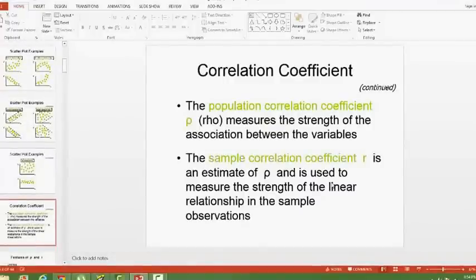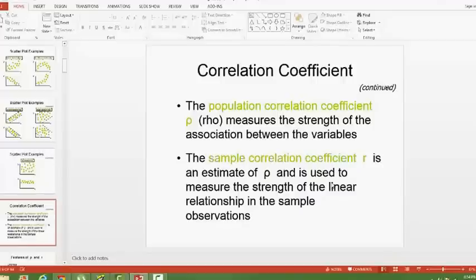So the correlation coefficient is the statistic that is used to measure the strength of association between two variables. Okay. Generally it is denoted by R and rho.